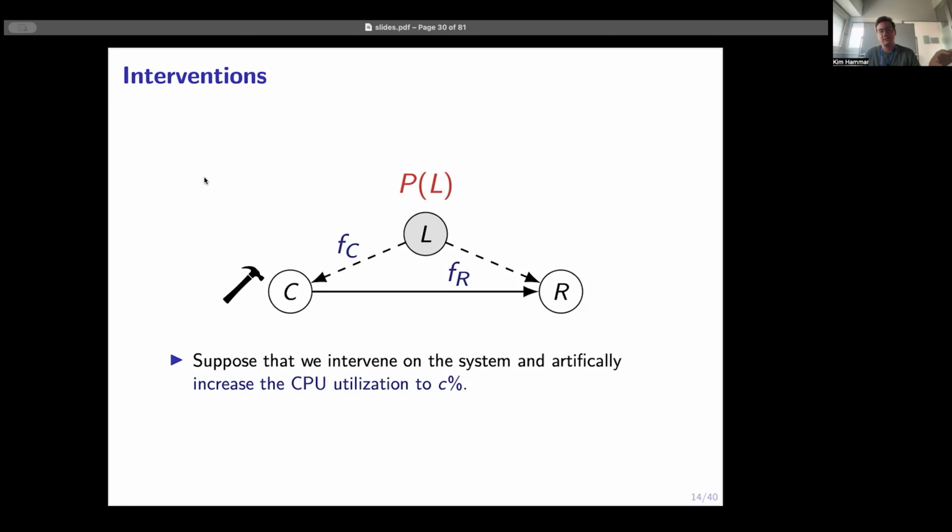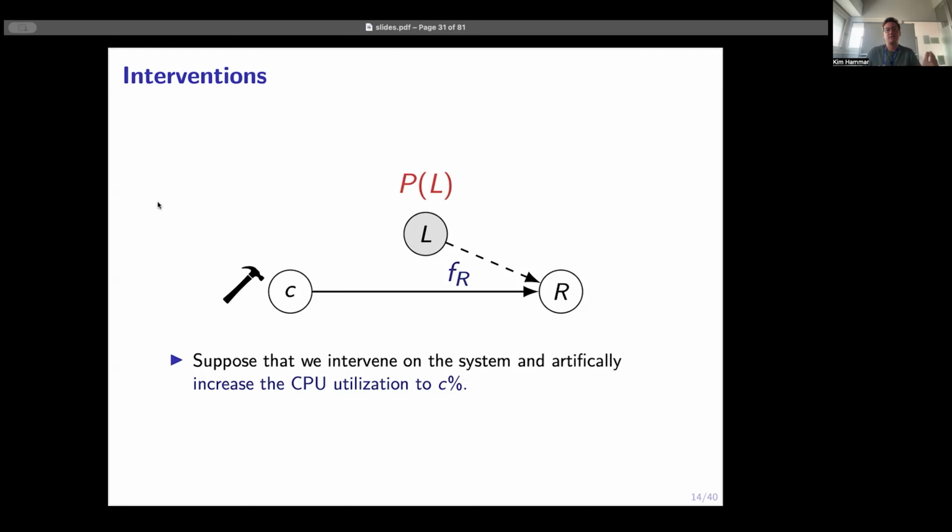So the effect of this intervention in terms of the causal graph is actually that we can discard this edge here. So we obtain a new graph that we refer to as the mutilated graph. And this is now the causal structure while we are intervening on the system.